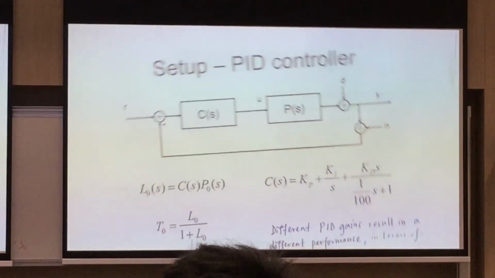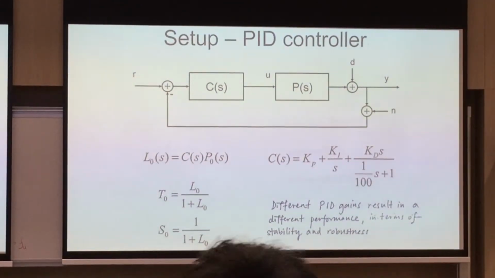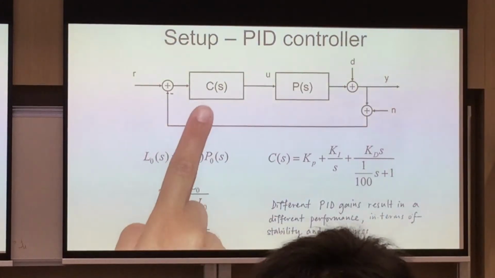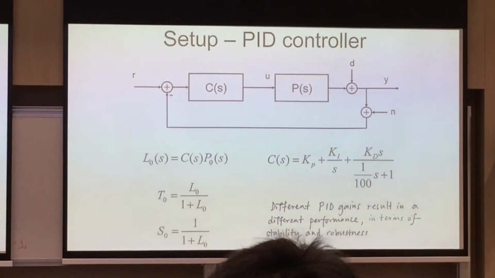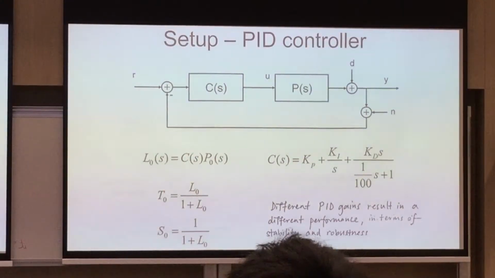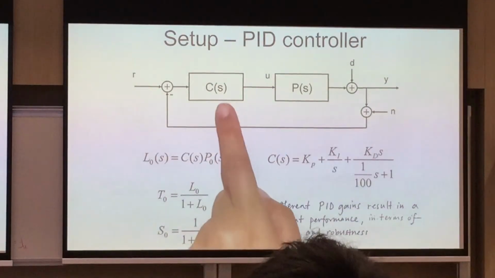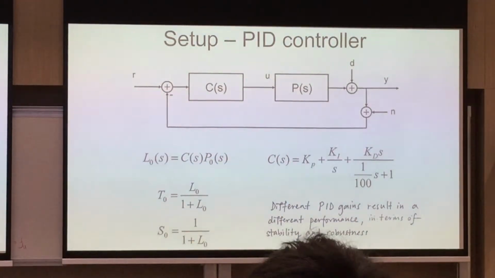Okay, next. Alright, this is our 2 degree of freedom controller C(s). So in the past, we used to say that the controller would be a pure proportional gain, but now we're saying that the controller is not just a gain. Alright, so there's frequency, could be a PID controller.